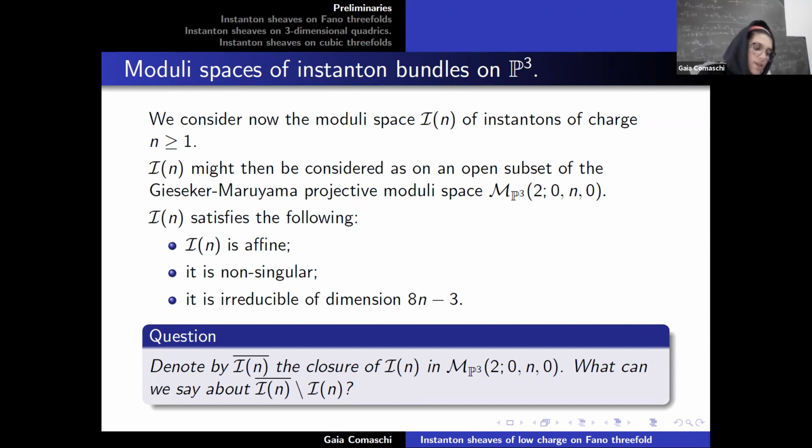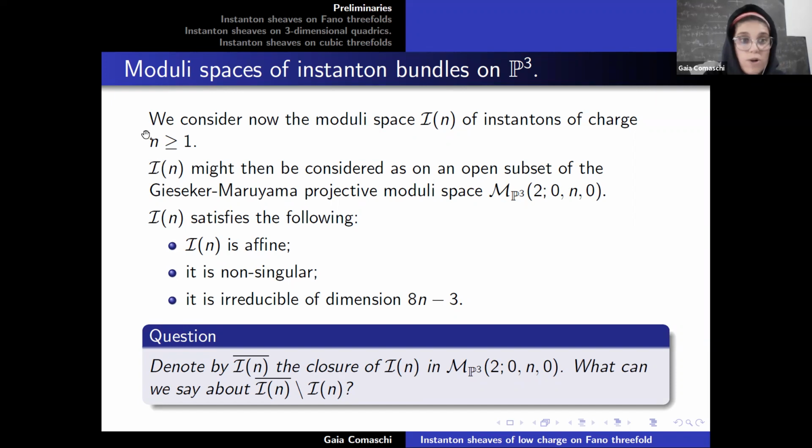It turns out that instanton sheaves also play a fundamental role when we look at the Gieseker-Maruyama moduli space of instantons. Indeed, if we consider the moduli space E_n of instanton bundles of charge n bigger than or equal to 1, then we have the following.